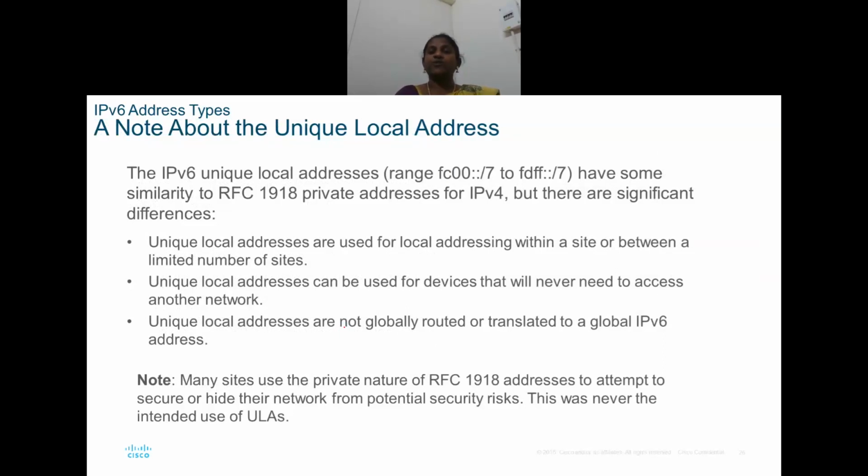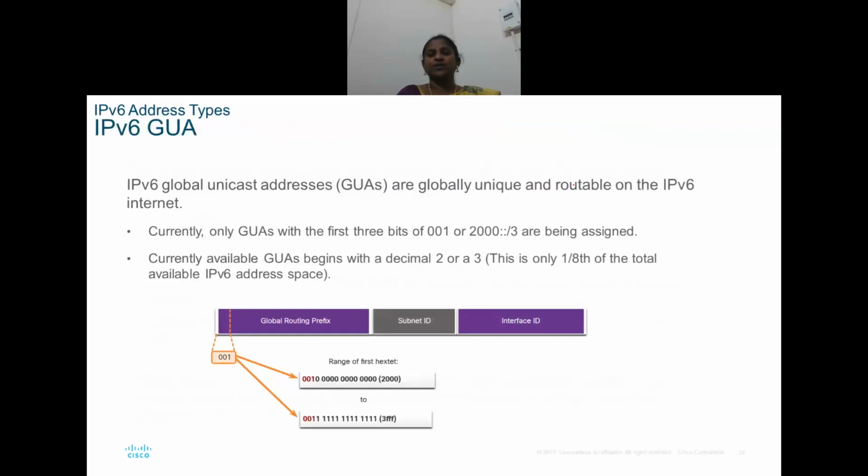The unique local address ranges from FC00 to FDFF. All right. So as of now, for IP version 6 they have started to assign only from 0 to 3. The first digit is 0 to 3. All right. That is what they have given. But this is a unique range given for the unique local address. All right. And now, global unicast address. Coming on to the concept of global unicast address.